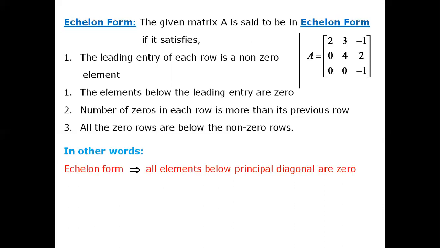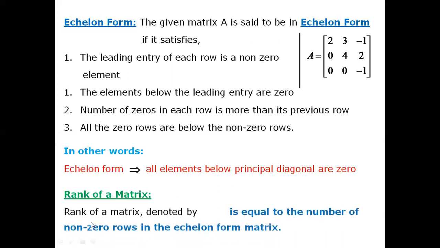So after this echelon form, let us define what is a rank now. Rank of a matrix. We will see how to find the rank. The rank of a matrix, denoted by rho of A, which is the symbolic representation of rank of a matrix, is equal to the number of non-zero rows in the echelon form matrix.